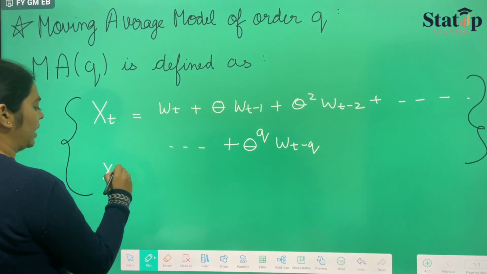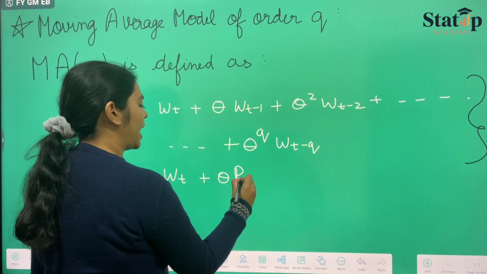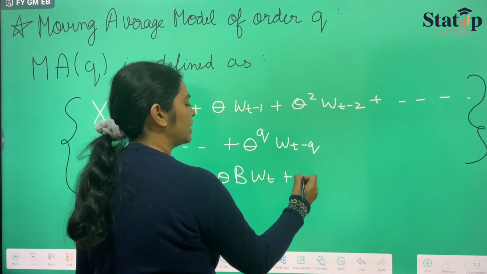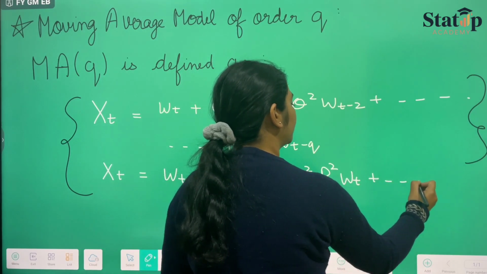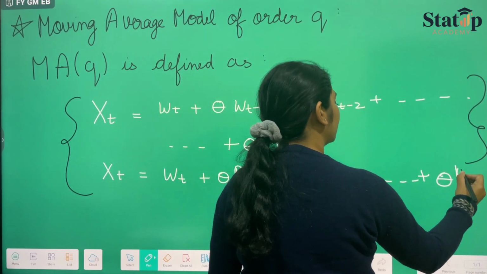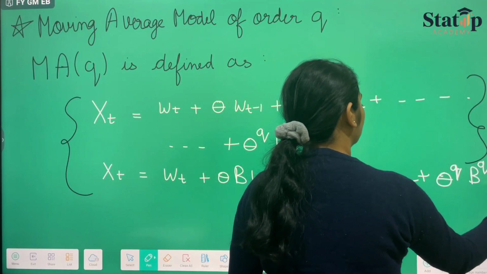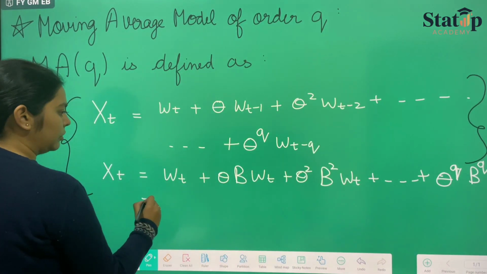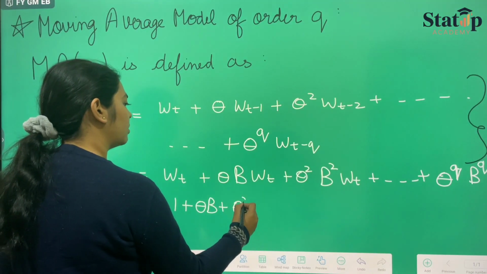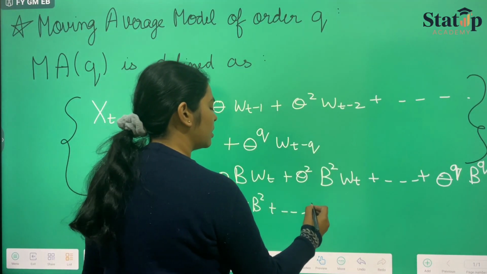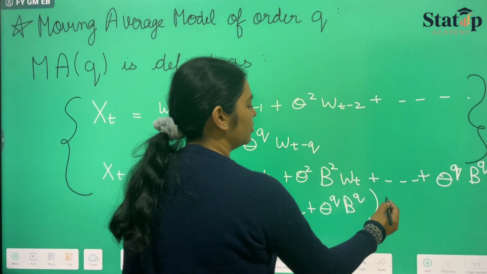So I can write it as Xt = Wt + theta B Wt + theta square B square Wt, up till theta raised to the power q B raised to the power q Wt, taking the backward shift operator B. Now taking the common term Wt outside, we are left with 1 + theta B + theta square B square + ... + theta raised to the power q B^q, into Wt.